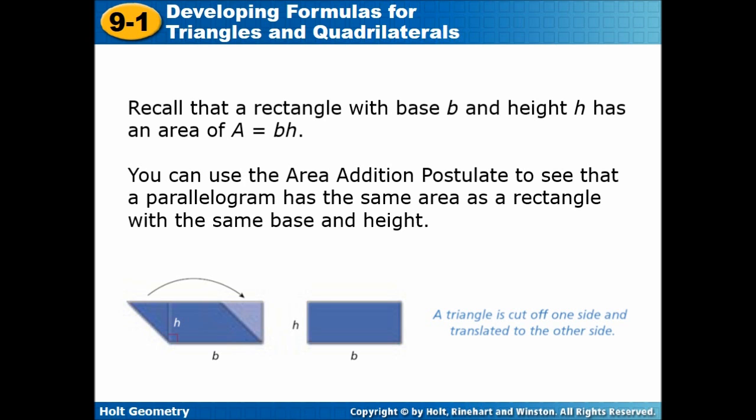And if you look at the two diagrams at the bottom, you can cut off the triangle that is on one side of the parallelogram and translate it over to the other side, where it appears that the parallelogram is missing a piece, and that creates a rectangle. So you can see that you have the exact same area in the parallelogram and in the rectangle, which of course is a form of parallelogram.